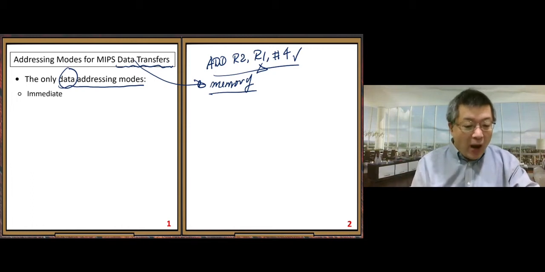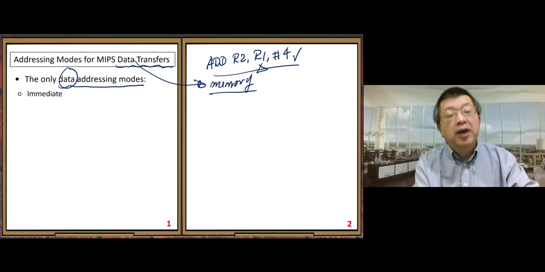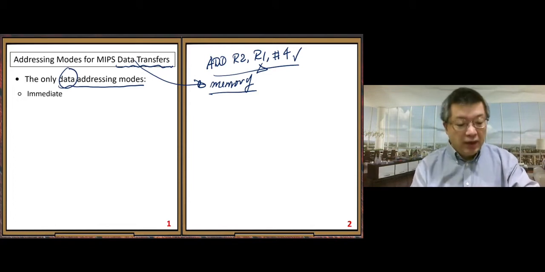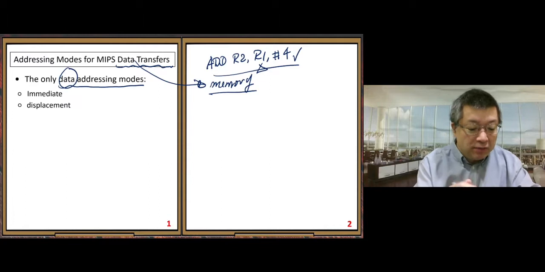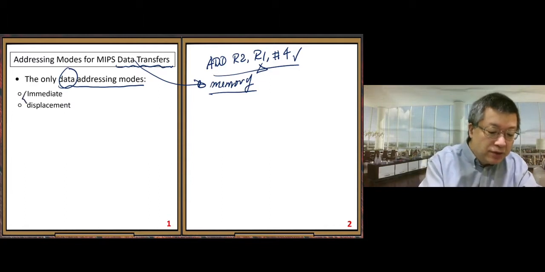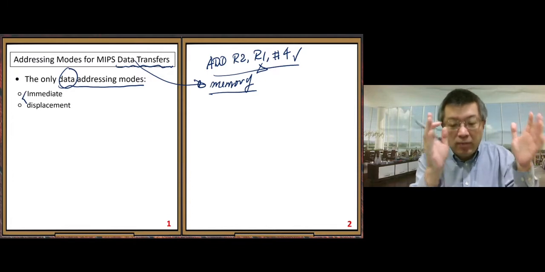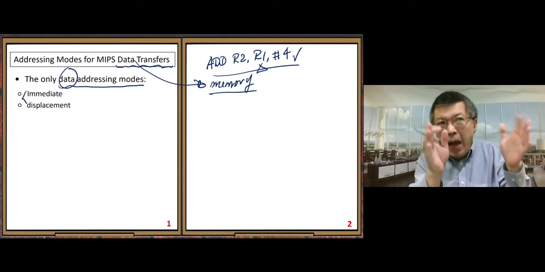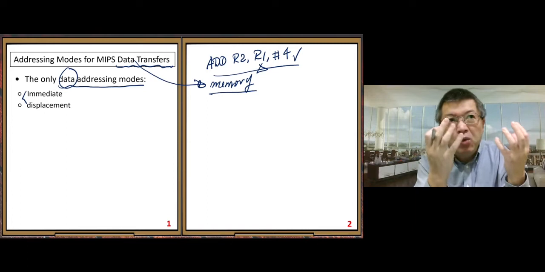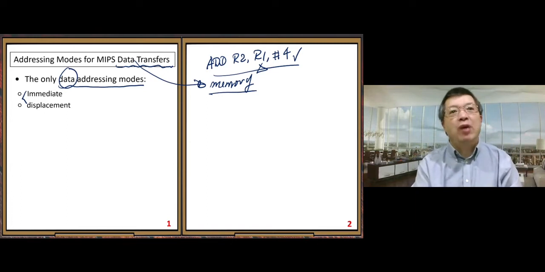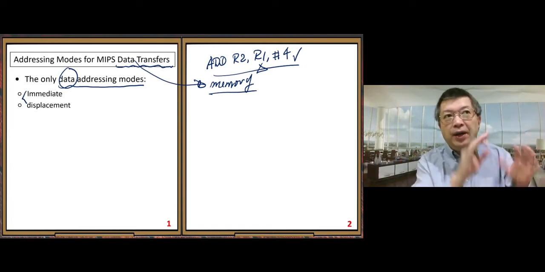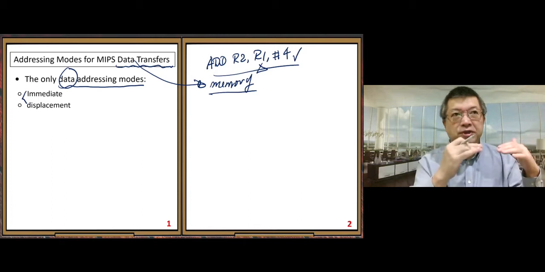But why did I put the immediate field here? Because the next one, the displacement mode, is closely related to it from the pattern of the instruction. So that's why we put them together. They are 2 different addressing modes.